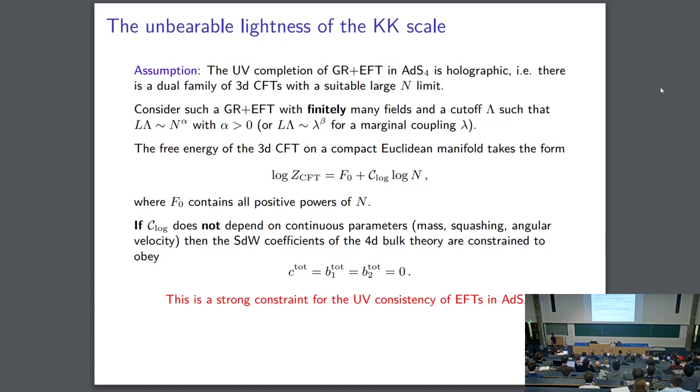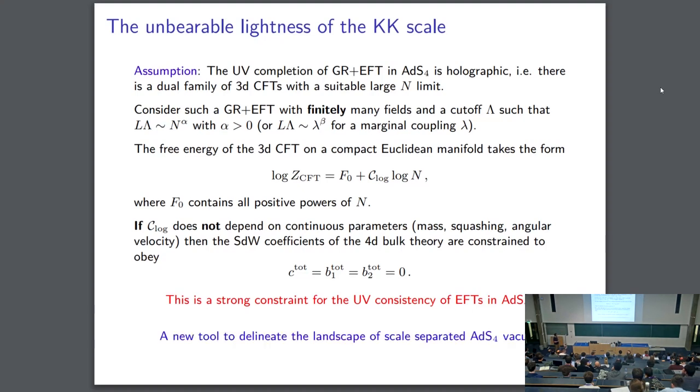So this makes me use the S word. This looks like a swampland criterion for UV completion in AdS, and maybe this is interesting for people who care about scale-separated vacua in AdS, which have finitely many such fields.